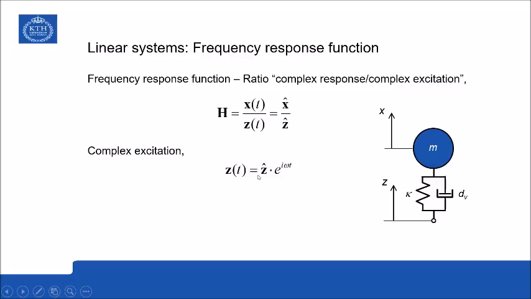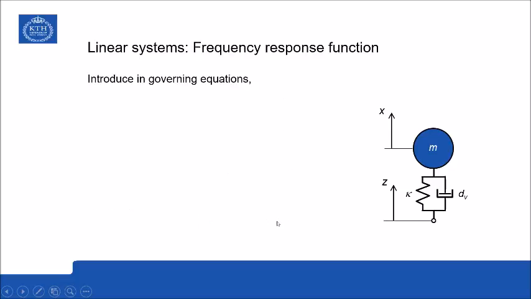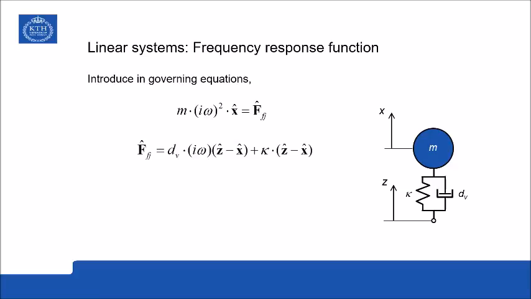And we have the complex amplitude here, and in the same way, since it's a linear system, we know that the response must have the same frequency content. The only thing that is changed is the complex amplitude, which contains also the phase shift between z and x. And then we introduce this into the governing equations and perform the time derivations and obtain these two equations.